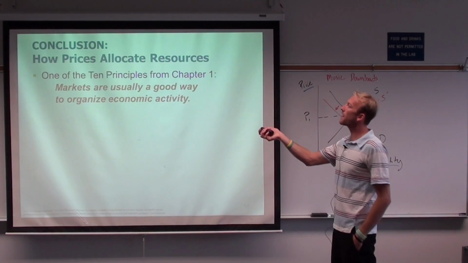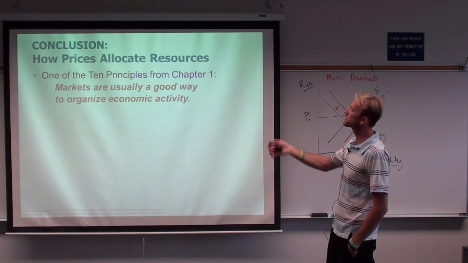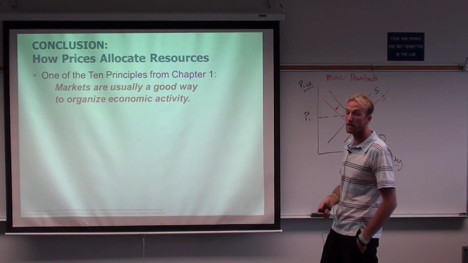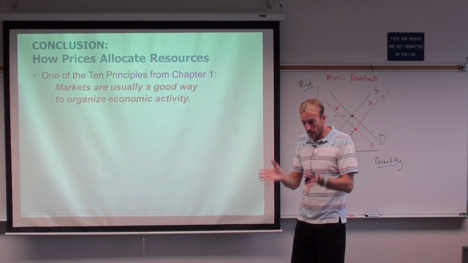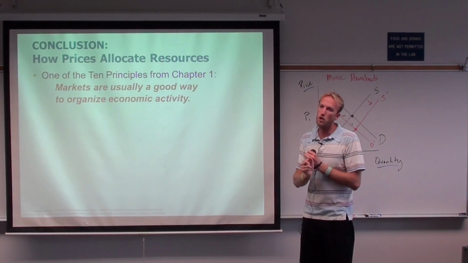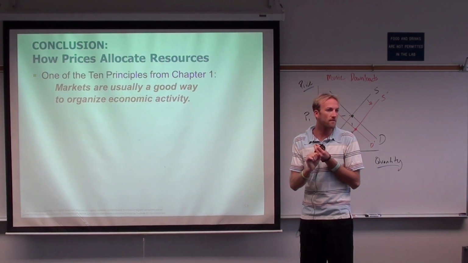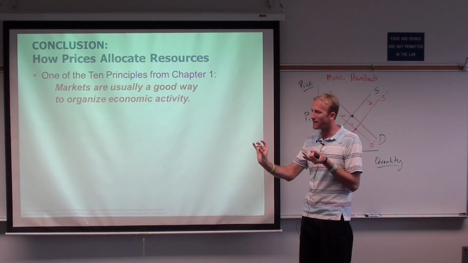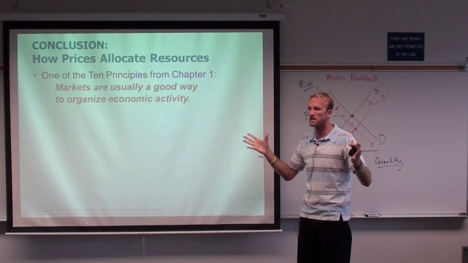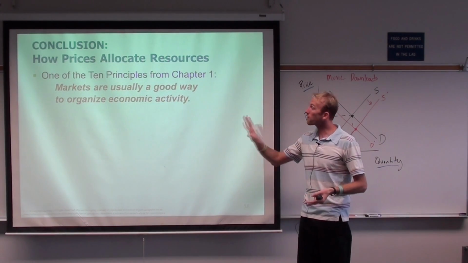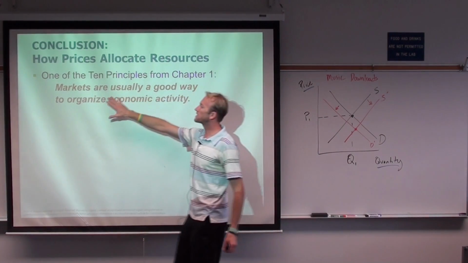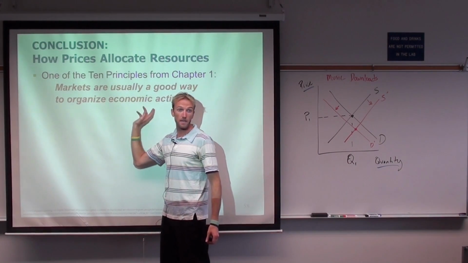And that's how we got this idea, remember one of our 10 principles from Chapter 1, that markets are usually a good way to organize economic activity. If we hold on to these assumptions that there's no market power, that there are a lot of buyers and a lot of small sellers, there's no real big monopoly or anything that can ruin the marketplace, and there's no government intervention, the market all by itself is going to organize economic activity.